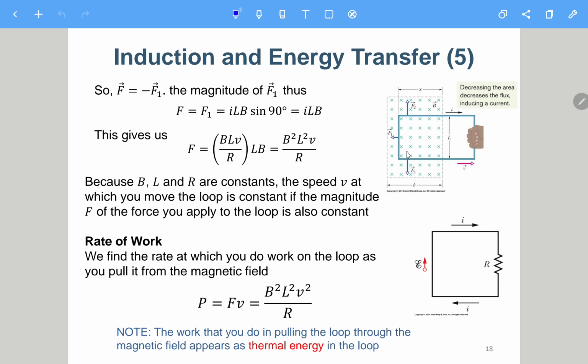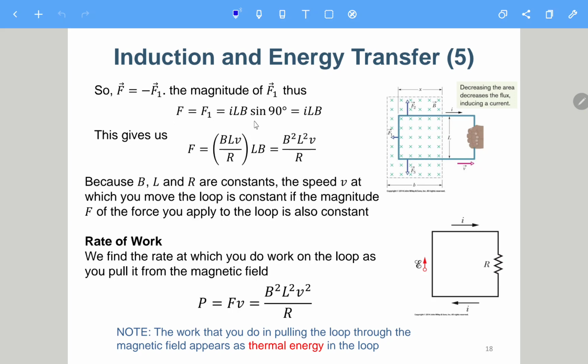Okay, so here we can also calculate the F1 due to the Lorentz force. F1 will be like ILB and then sine of 90 degrees, nothing but 1.